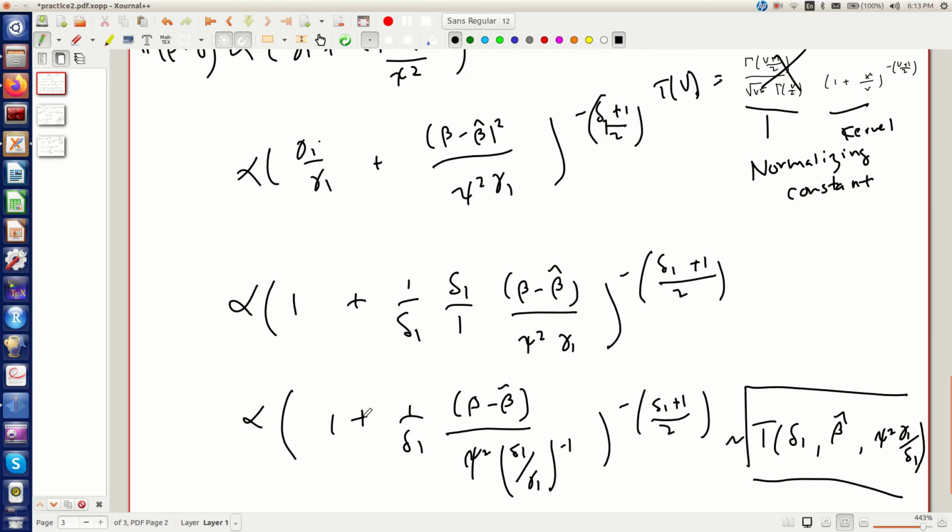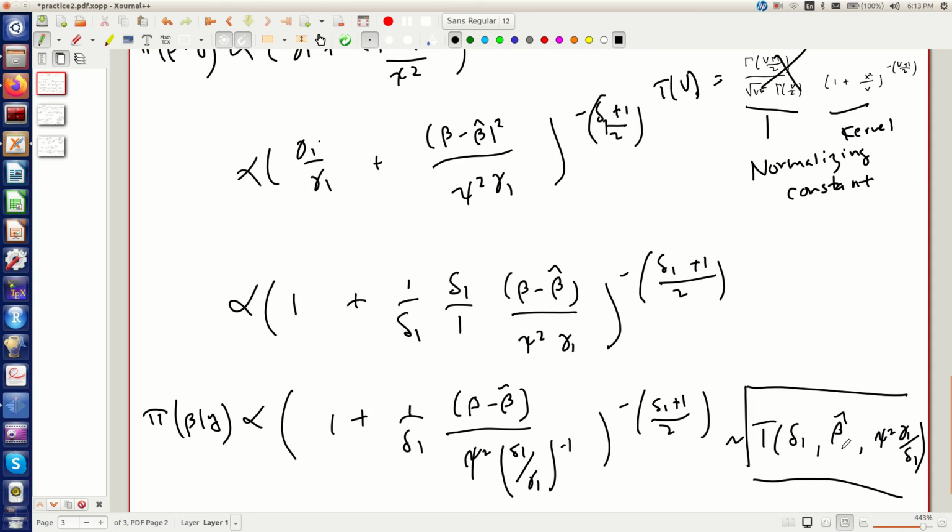Okay, so this is what the goal of the next problem was. What this means practically is that if you were interested in knowing more about beta, knowing a point estimate, getting some idea of what the average value of beta was, you could use its distribution to compute its moments.